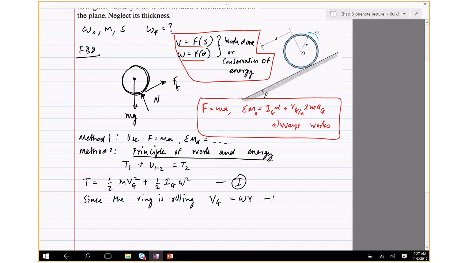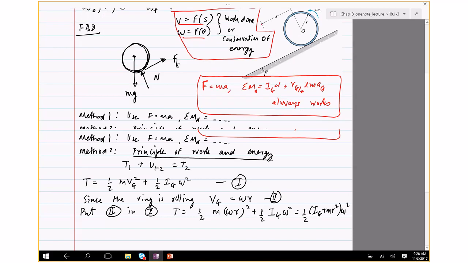Putting 2 in 1, I get half m omega r square plus half Ig omega square. Ig for a ring is mr square, but let me just keep it as it is and sub it later on. That is going to give me half times Ig plus mr square, times omega square.